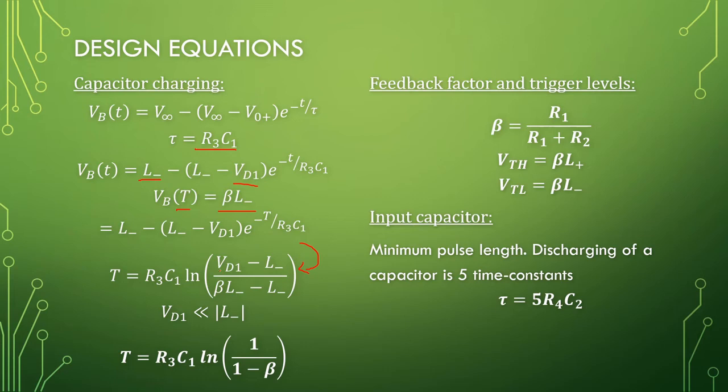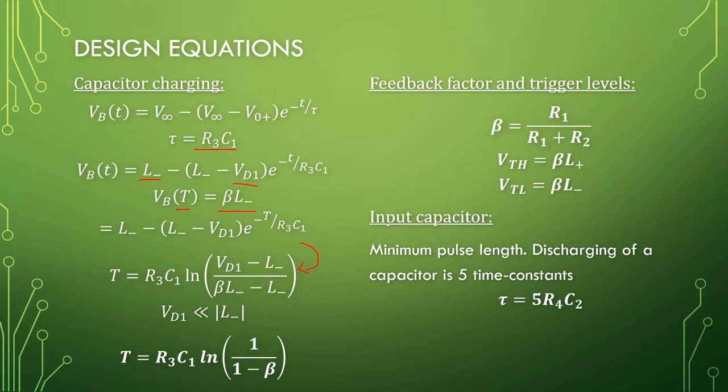Now, basically, if our output limit is much larger than our diode voltage, this equation can reduce to R3C1 ln 1 over 1 minus beta. And remember, beta is our feedback factor, so the ratio of resistors.